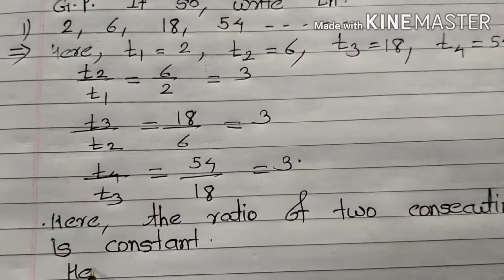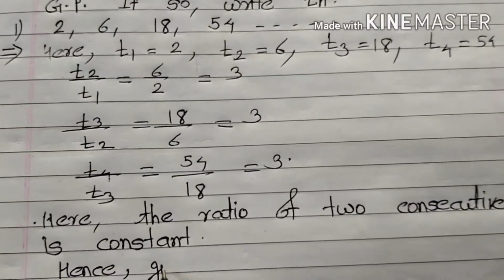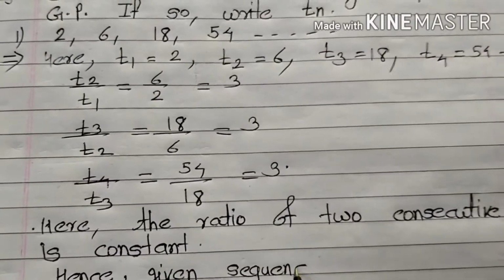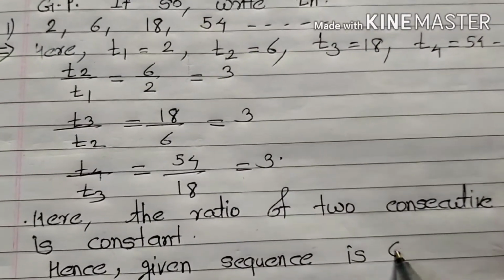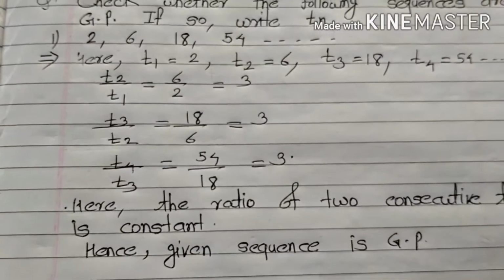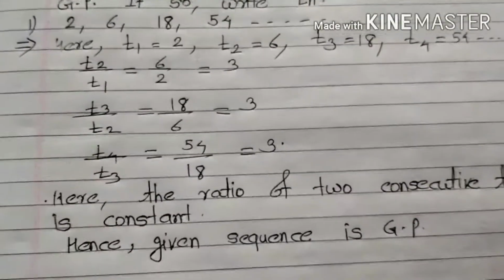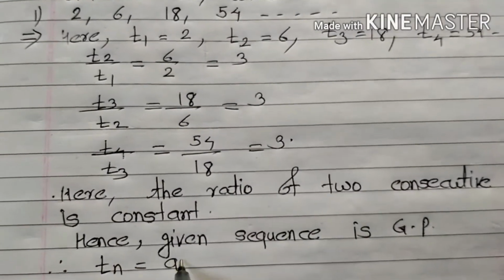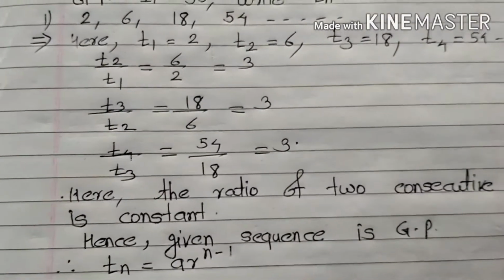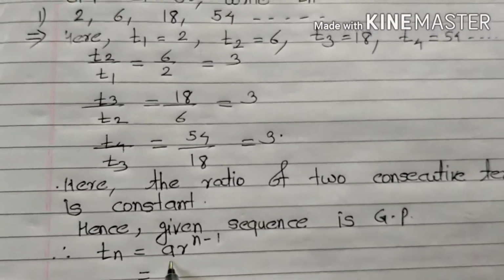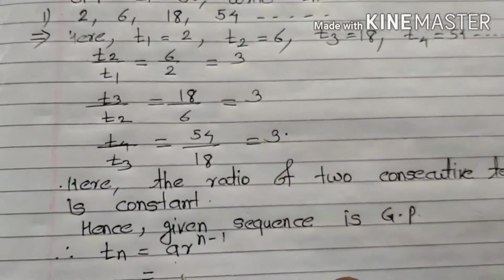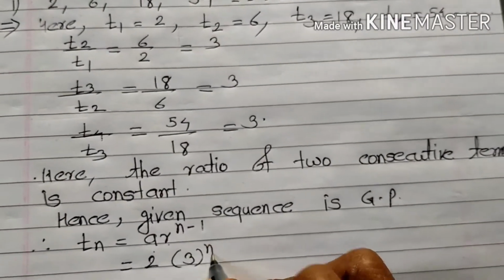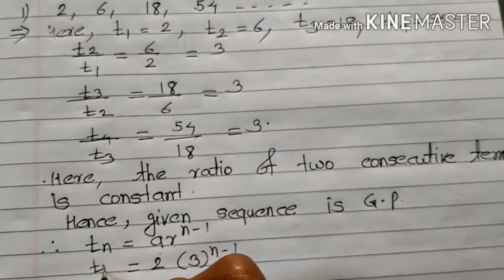Hence, the given sequence is GP. The sequence is GP, so we have to find Tn. Therefore, Tn is equal to A r raised to n minus 1, where A is the first term. Our first term is 2, so write here 2, r which is 3, so 3 raised to n minus 1. This is our Tn.